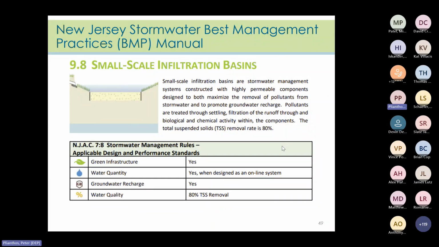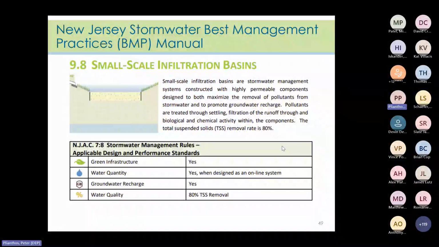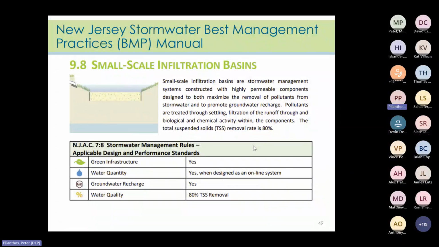At the top of the page is an introductory statement that provides an overview of how the BMP addresses pollutant removal and the rate at which it removes total suspended solids, or TSS, from stormwater runoff. The first table on the page is also an overview, and it identifies the design and performance standards of the rules for which the BMP can or cannot be used.